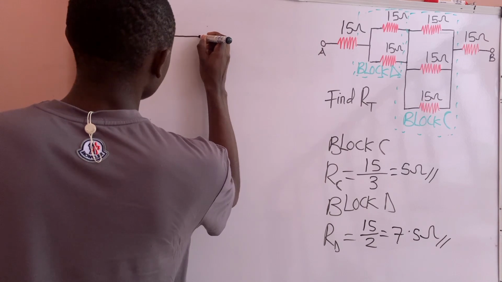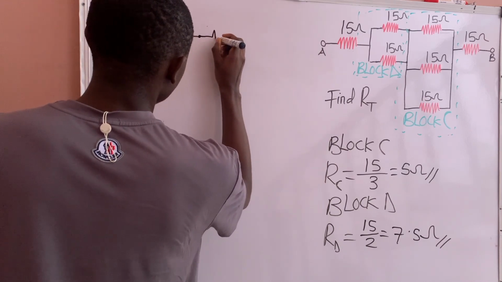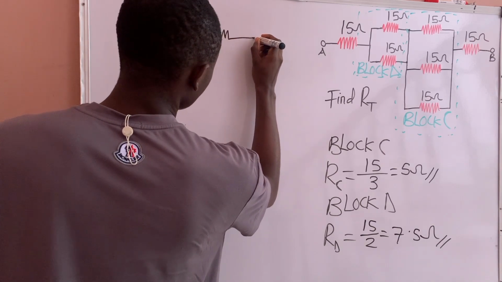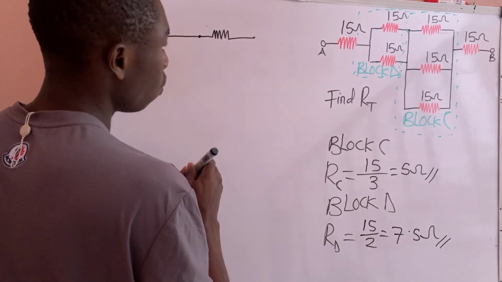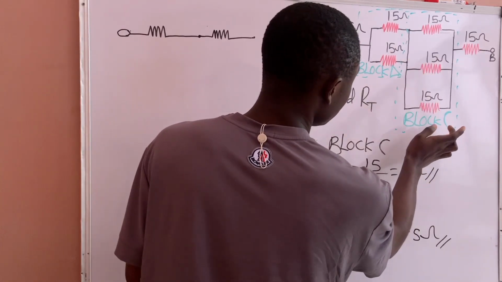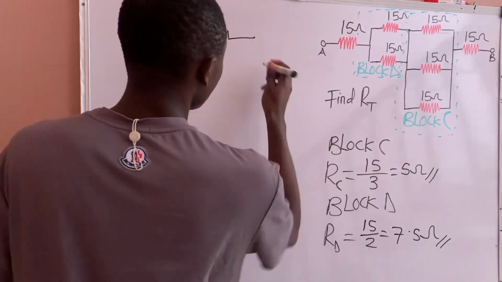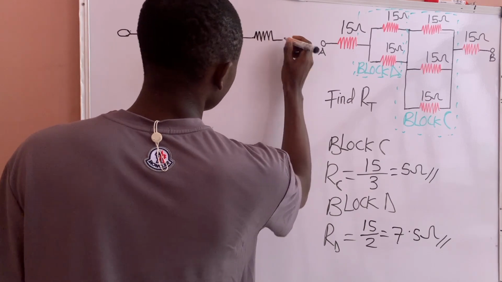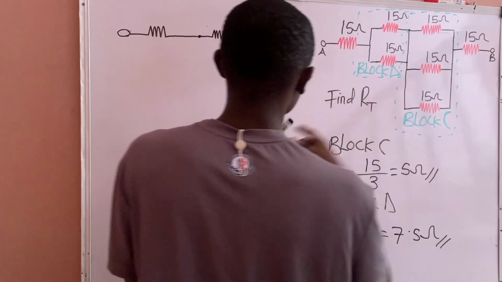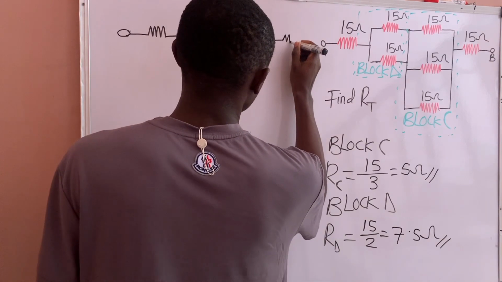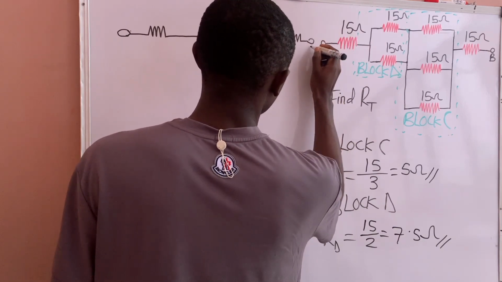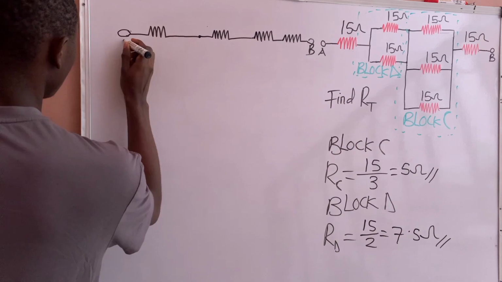At this point, we also have the block C resistors, which will be in series, and this other large resistor. We can call the ends terminal B and terminal A.